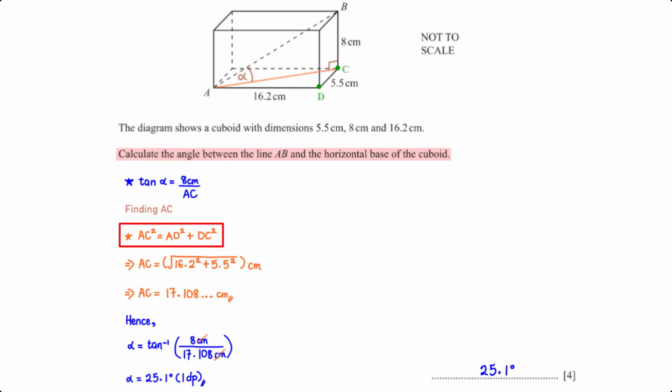When we make AC the subject and plug in these values, this is what we get, which is equal to 17.108 centimeters. So now, when we make alpha the subject and plug in the value of AC, this is what we have. When we type this into the calculator, we get 25.1 degrees, rounded to 1 decimal place.